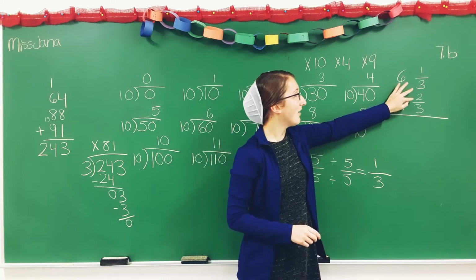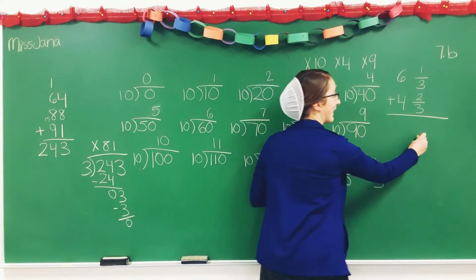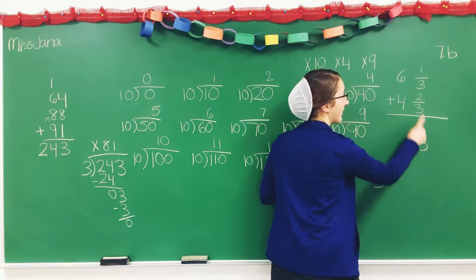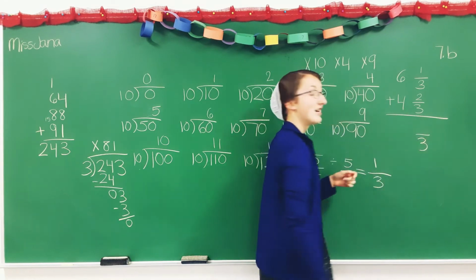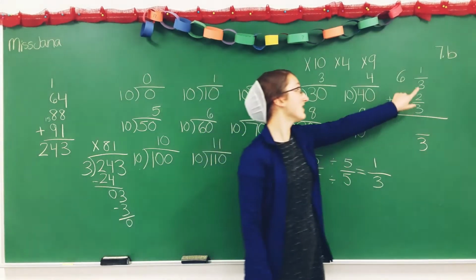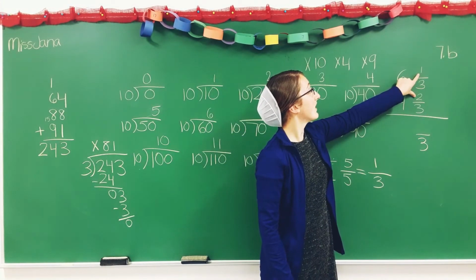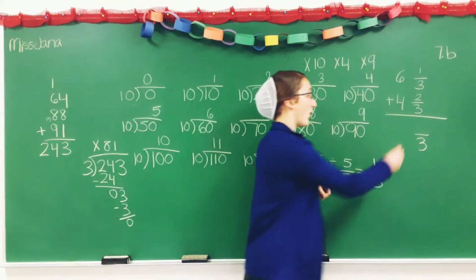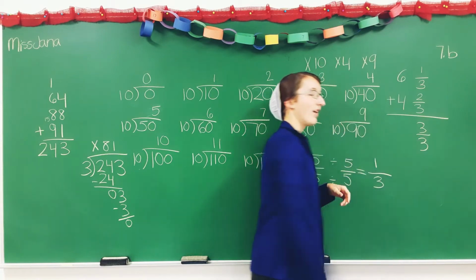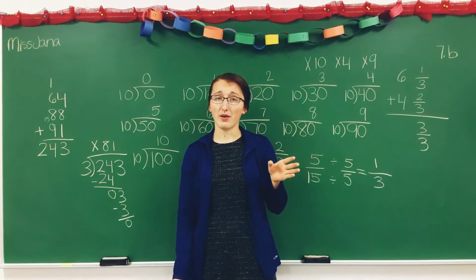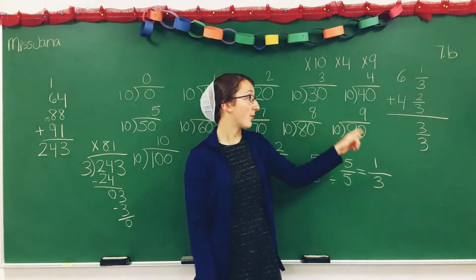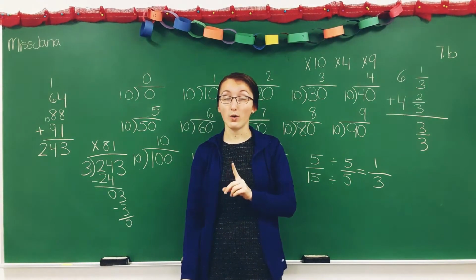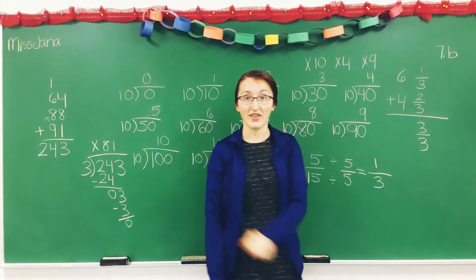So when you're adding fractions, we need to keep the denominator the same. So the denominator is 3. So now we're going to add the numerators. The numerators are 1 and 2. 1 plus 2 is 3. So now we have 3/3. And we know that 3/3 equals 1 whole. We can't leave a fraction like this.